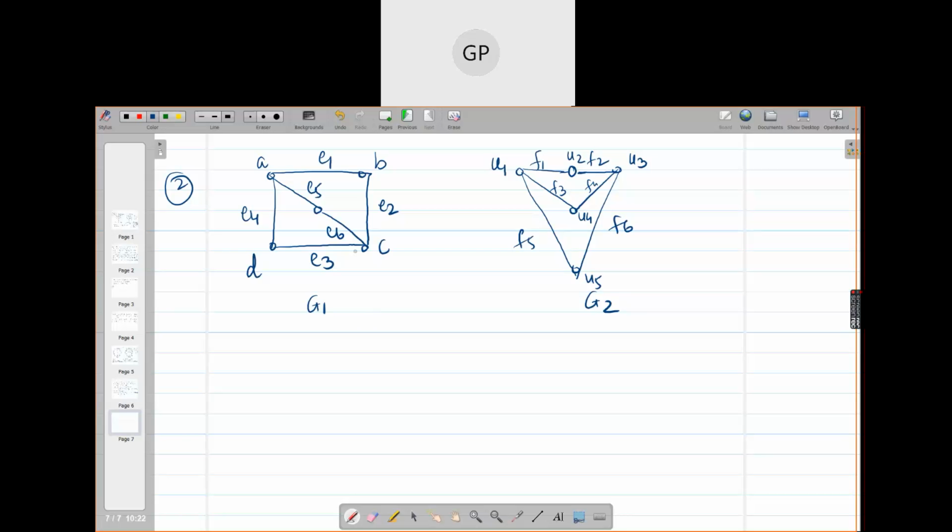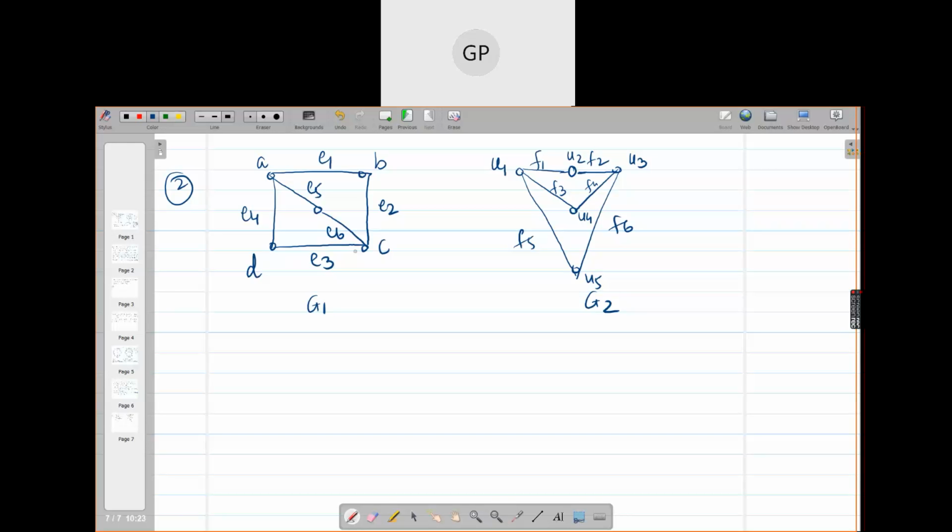So what do you observe? Are they isomorphic? Find out quickly.